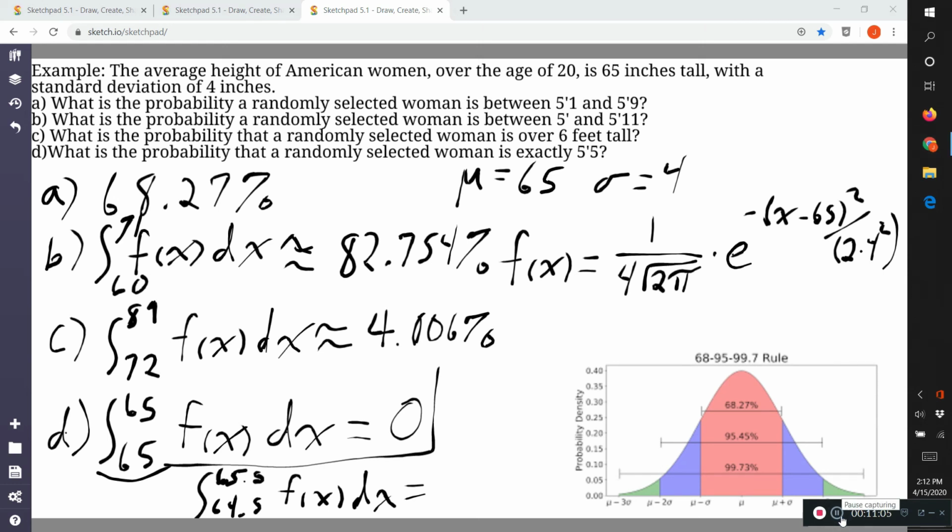And I got 9.948%. And that seems reasonable to me. You might be like, well, if it's the average, shouldn't there be more? Well, just because it's the average doesn't mean there has to be a ton in that particular space. That's why the standard deviation matters.